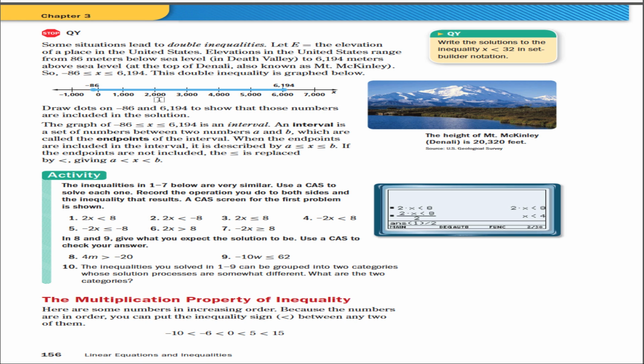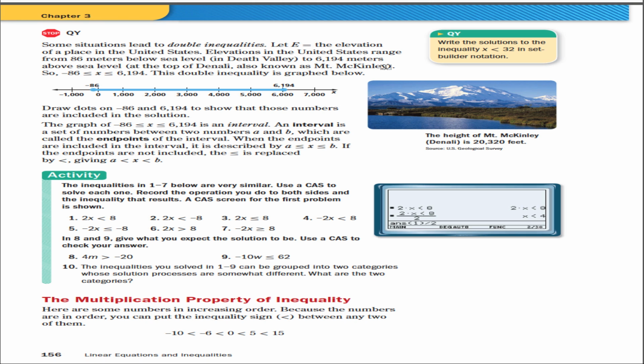This one talks about Mount McKinley, which has a double inequality, and it ranges from Death Valley, which is below sea level. We're going to go there for our biome trip. To Mount McKinley, which is not too far from us, up in Alaska.